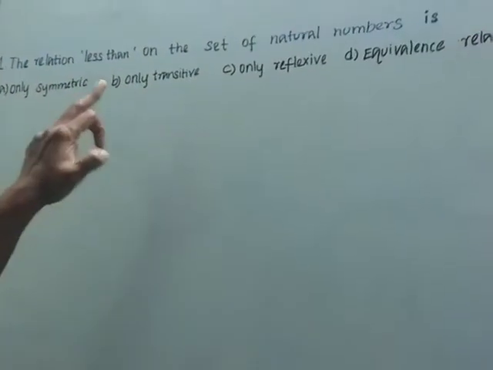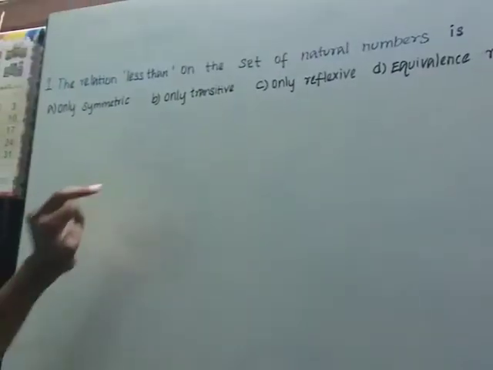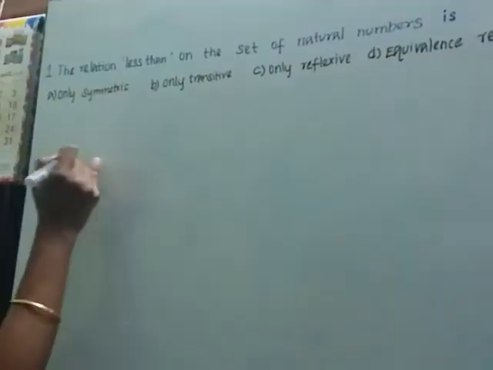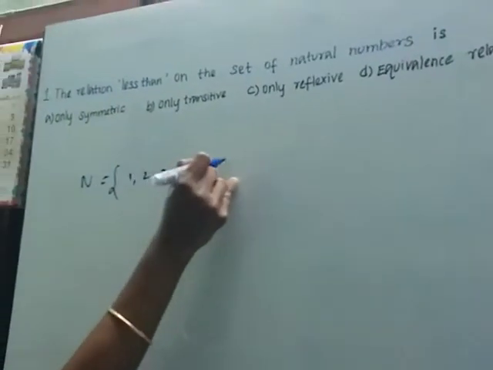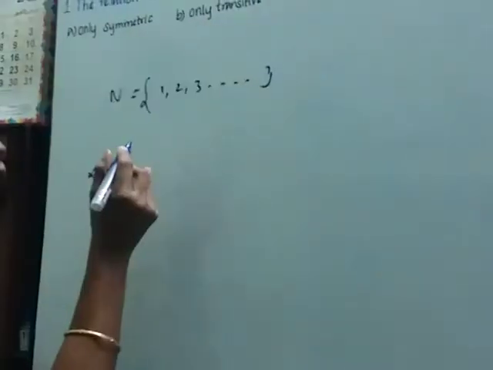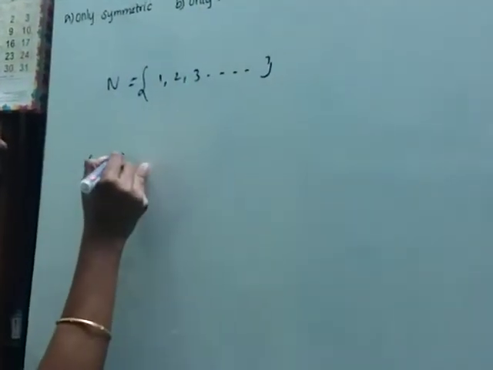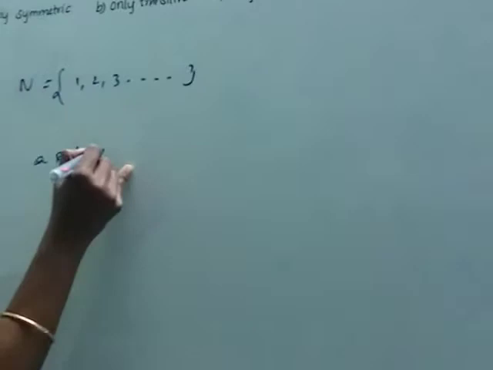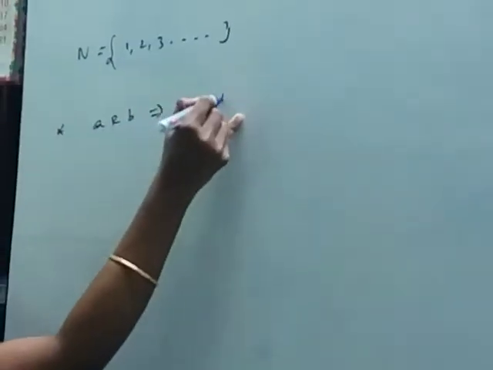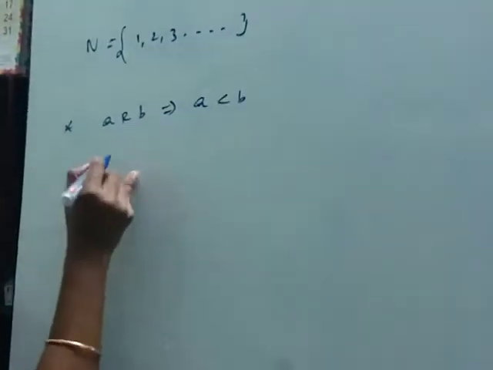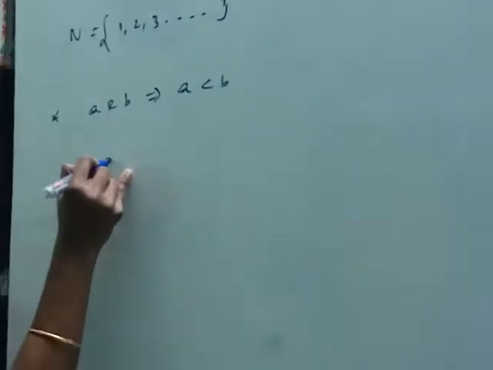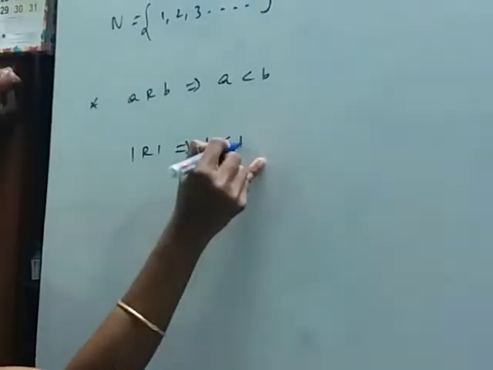So here the first problem: the relation less than on the set of natural numbers. The set of natural numbers has 1, 2, 3, etc. The relation is given as A relation B implies A is less than B. First, 1 relation to 1 implies 1 is less than 1.